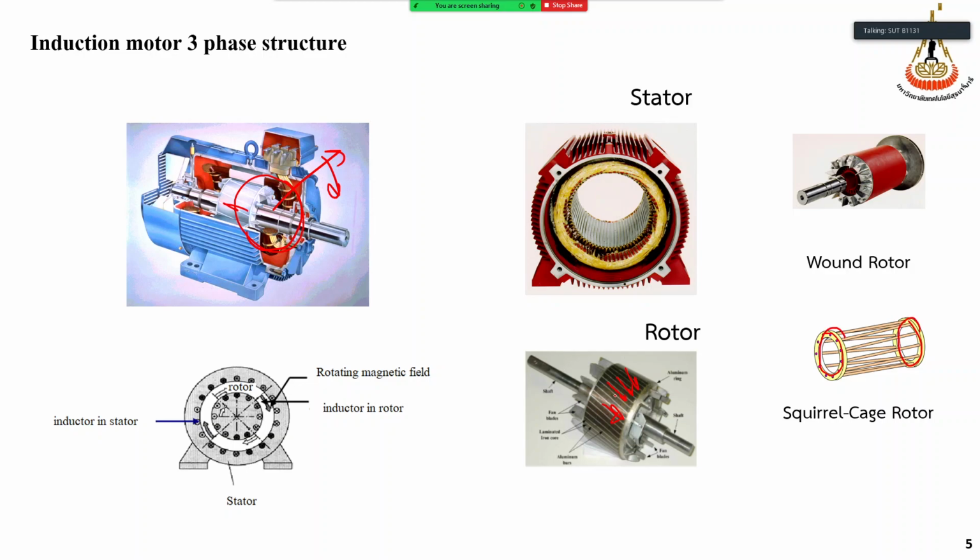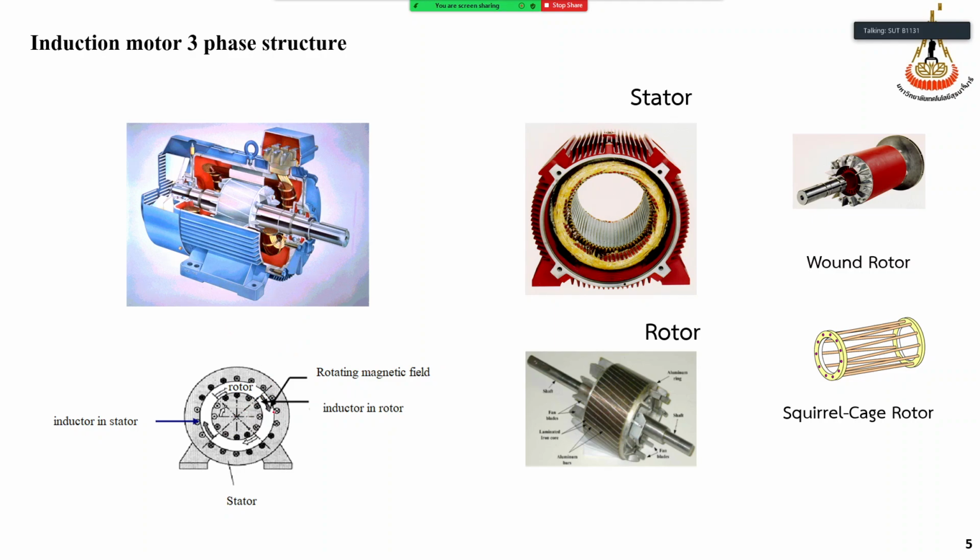With the magnetic field moving and the current flowing in the conductor, force is applied to this conductor. Then the rotor will move and rotate.